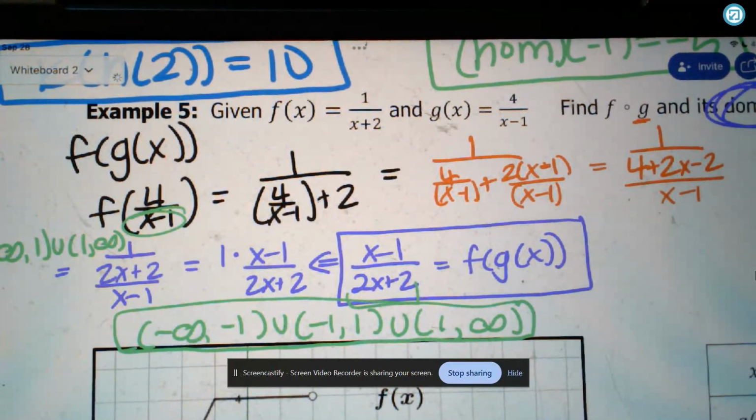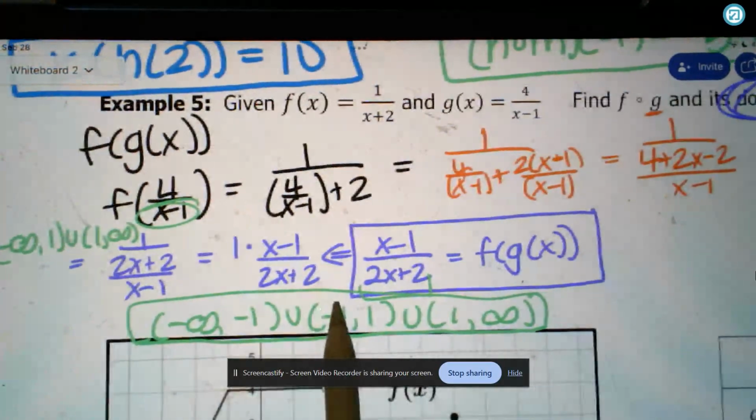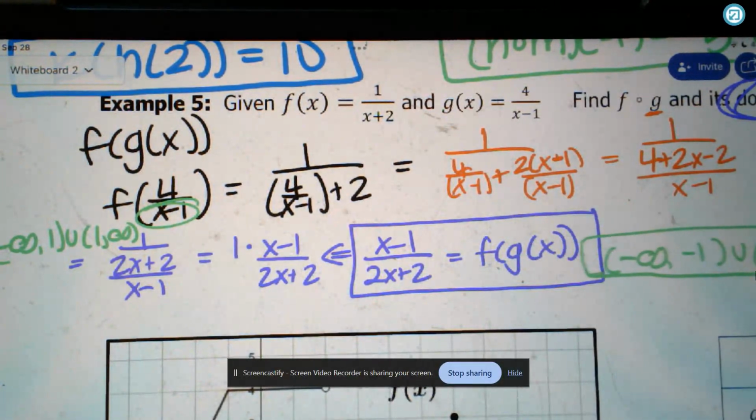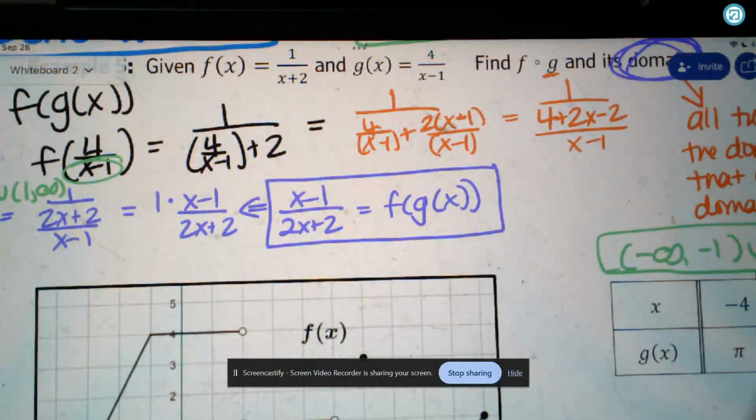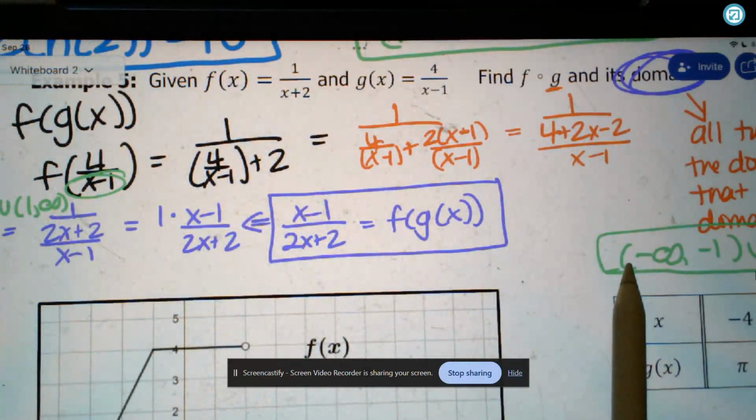All right. So now let's look. Let me see if I can move that. Oh, yes, I can. Okay, sorry. Oh, no, I can't.